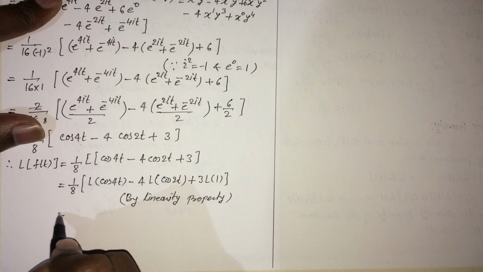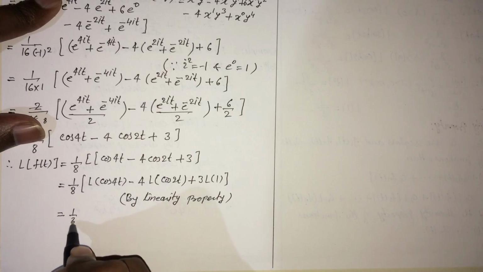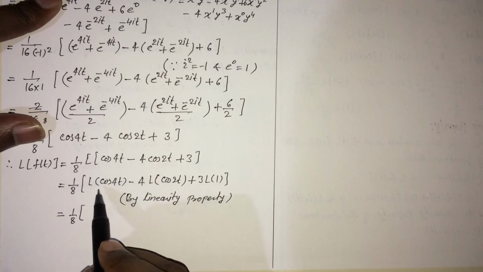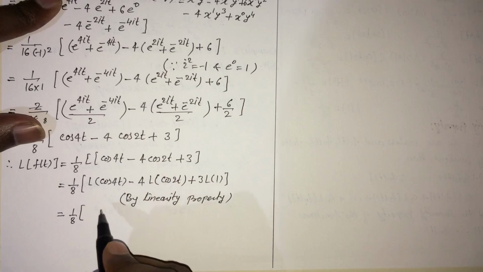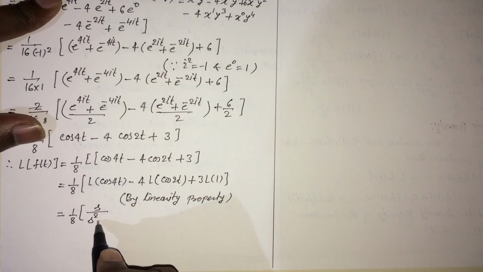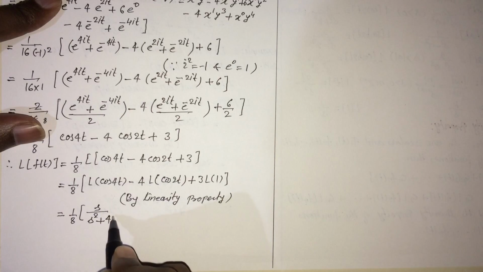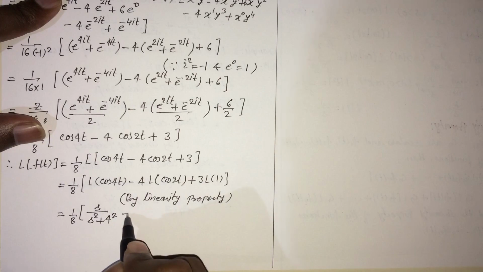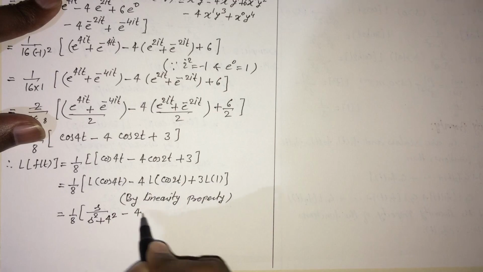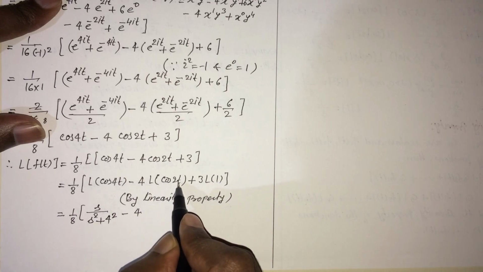Now this is equal to 1 upon 8 in bracket. What is the Laplace transform of cos 4t? That is s upon (s^2 plus 4^2) minus 4. What is the Laplace transform of cos 2t?